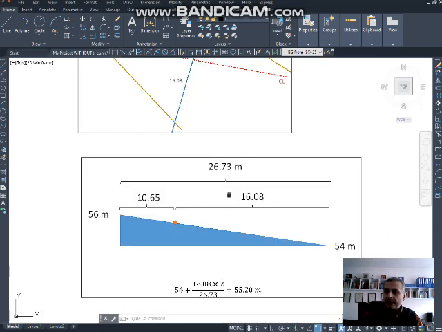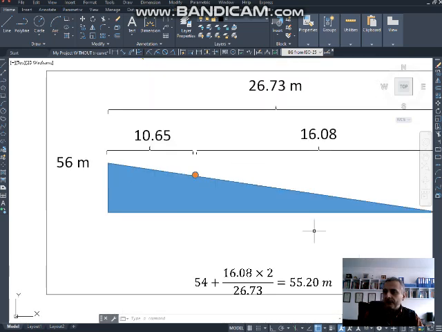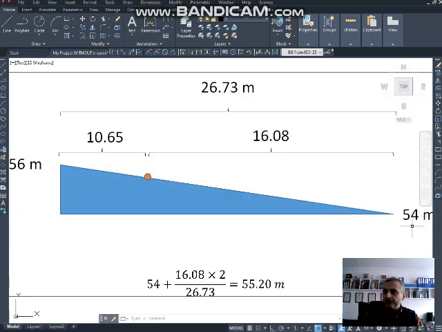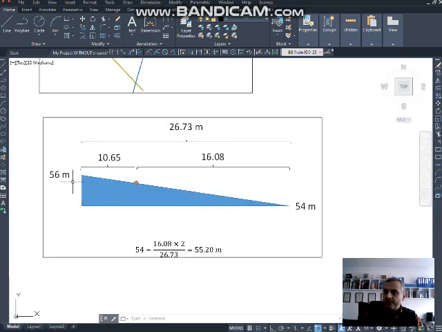It looks like a triangle. Here you can see 54 meters, 56 meters, 10.65 meters the distance from 56 meters to the center line, and 16.08 meters the distance from the center line to the next lower contour line. Altogether, the total distance between the two contour lines is 26.73 meters.